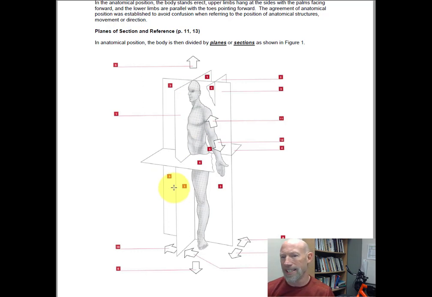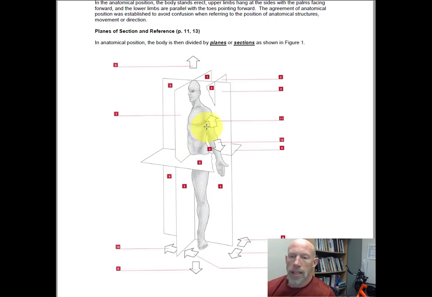So when we refer to some part of the body in reference to another, we're always referring to it in reference to the standard anatomical position, right?